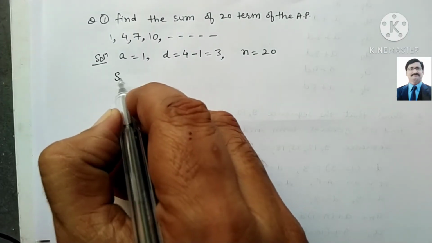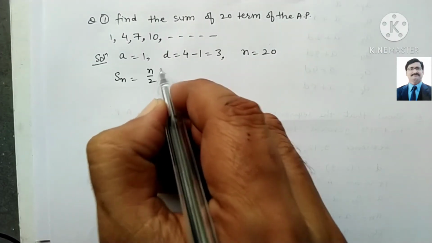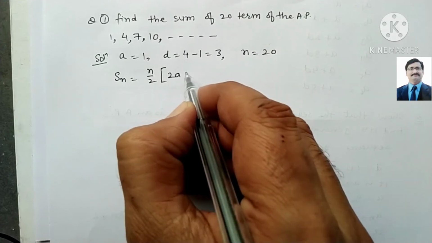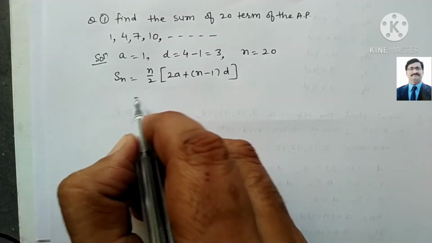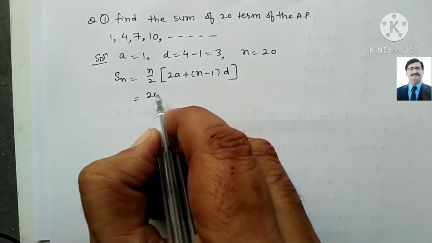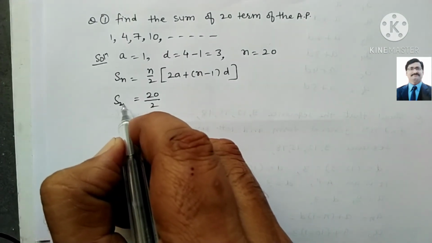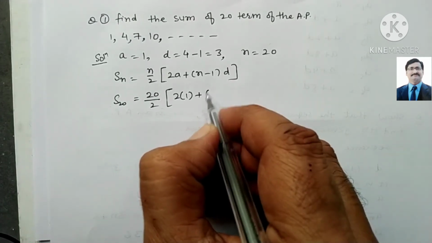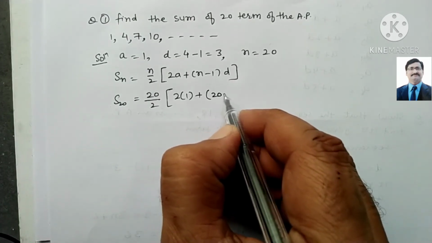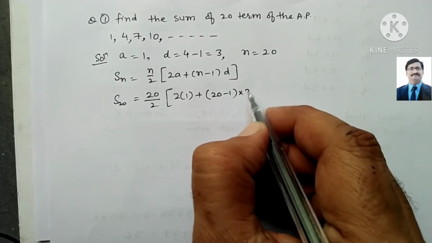So first we write the formula Sn equal to n by 2 (2a plus (n minus 1) d). Now in place of n we put 20. So we get 20 by 2, 2a is 2 times 1, plus (20 minus 1) and d is 3.